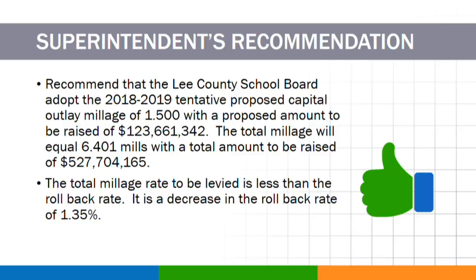Total millage will equal 6.401 mils with a total amount to be raised of $527,704,165. The total millage rate to be levied is less than the rollback rate by 1.35%.